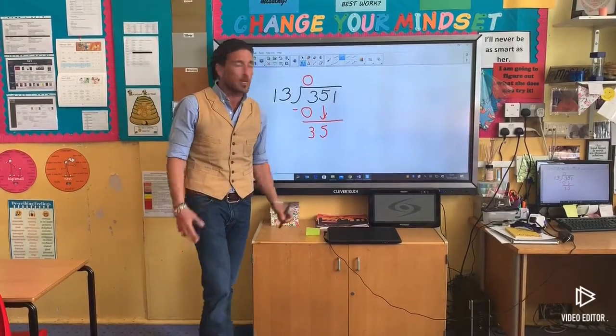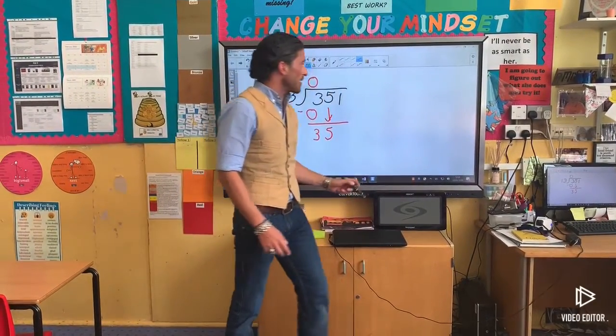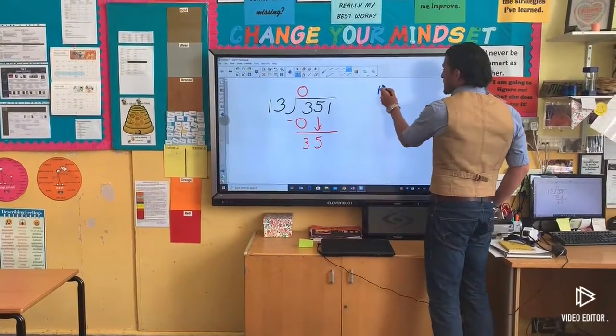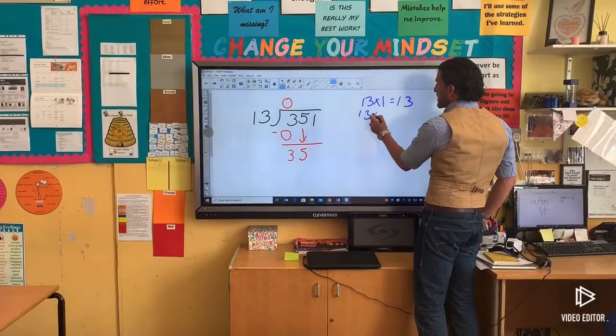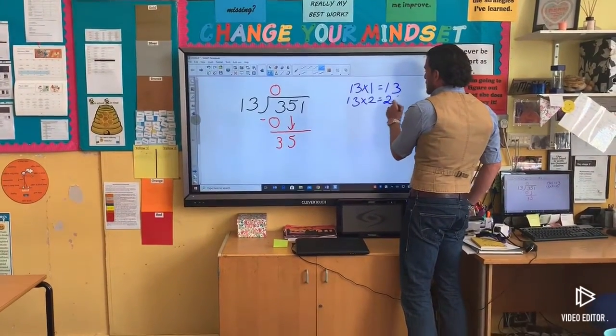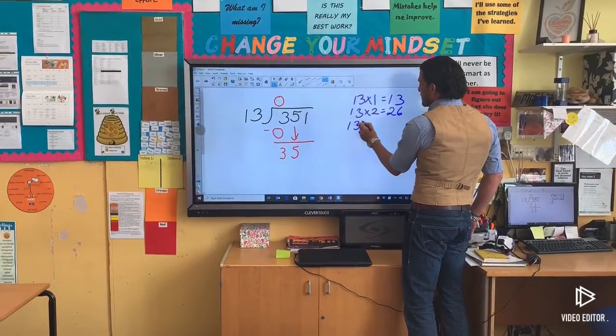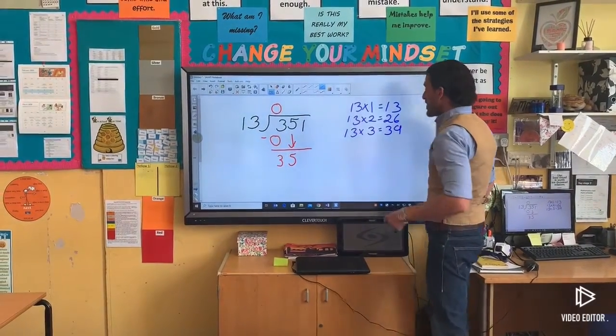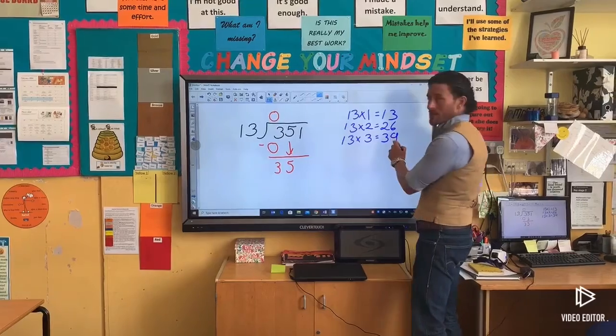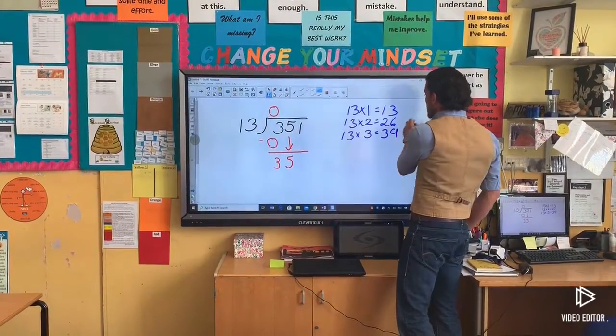Now I don't know my 13 times table, so I'm going to have to write it out a little bit. 13 times 1 is 13, 13 times 2 is 26, 13 times 3 is 39. So we're a little bit too high if we go to 13 times 3, so we're going to stick to 13 times 2.